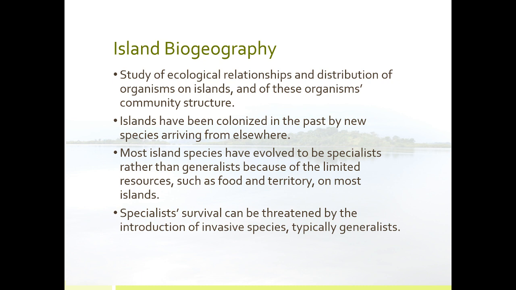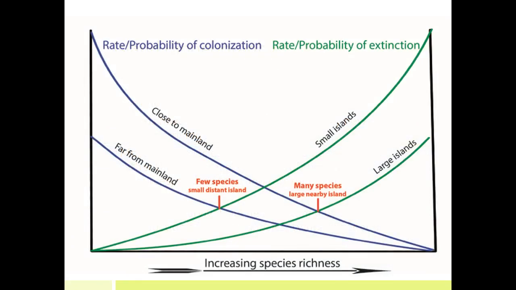And we'll do an activity in class where we'll simulate island biogeography to be able to see how this is impacted. It's a pretty simple concept, but something that hopefully will make sense. So you can kind of get an idea. This is based on the closeness to the mainland, or how far it is from the mainland, and then small islands and large islands, and you can get an idea of how rich the species population is.